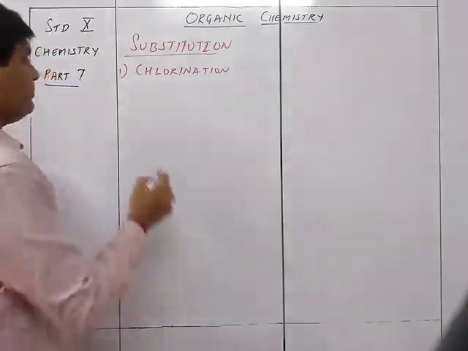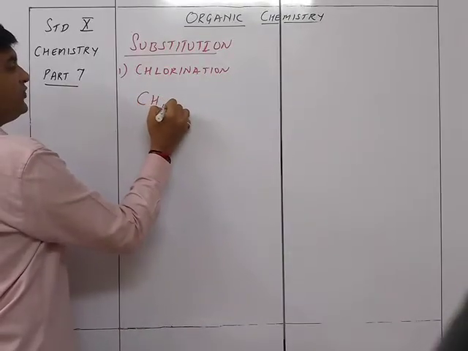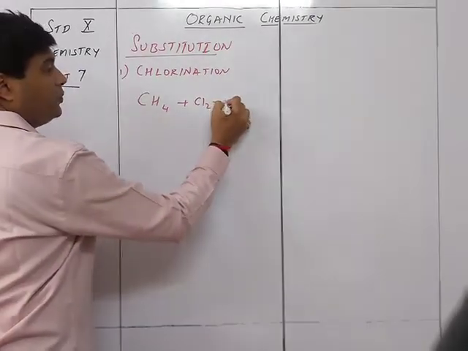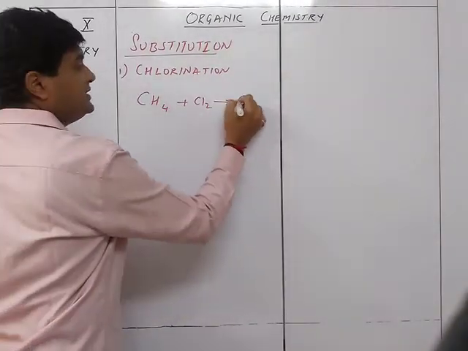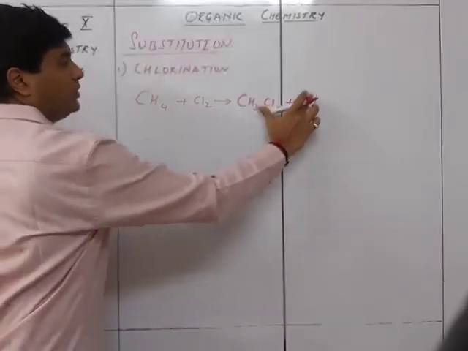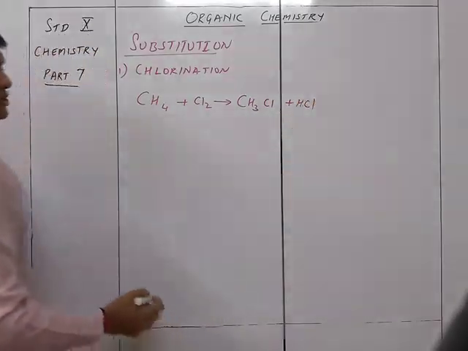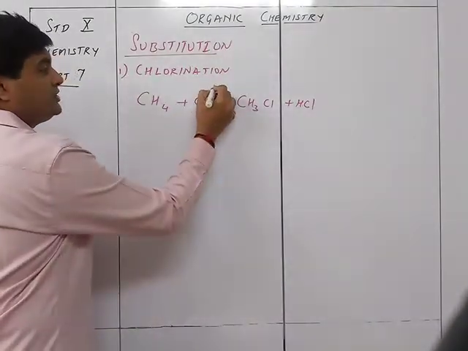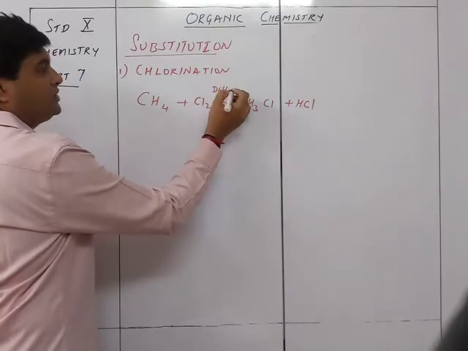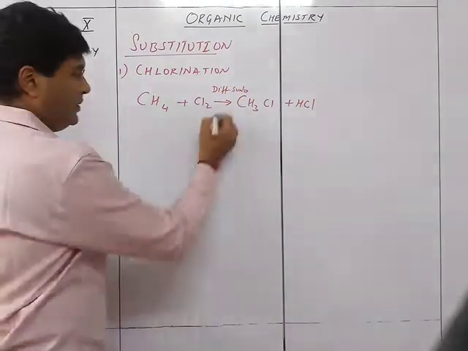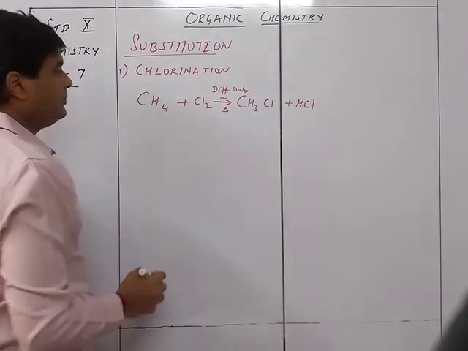So accordingly, CH4 plus Cl2 is going to give you, the first thing it gives you is CH3Cl plus HCl. This is going to be conducted in diffused sunlight.